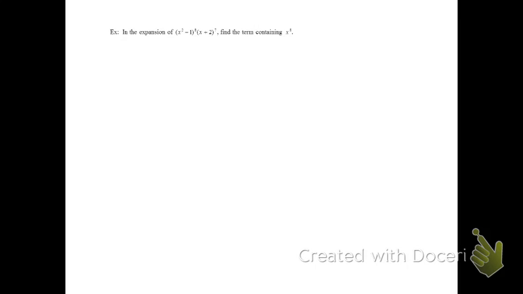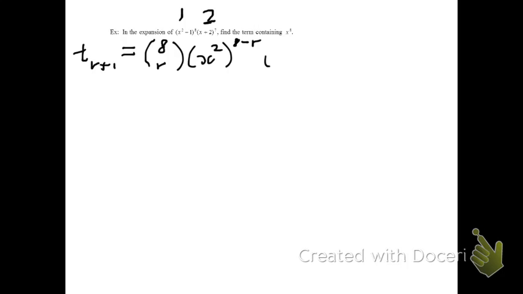Okay, so with this one we have two binomials that need to be expanded. Here's my first binomial and here's my second binomial. What I want to do is come up with a general expression for each of those binomials. Remembering t subscript r plus 1, the general expression for the first one is, it's a degree of 8, so 8 choose r, times x squared to the power of 8 minus r, times negative 1 to the power of r.